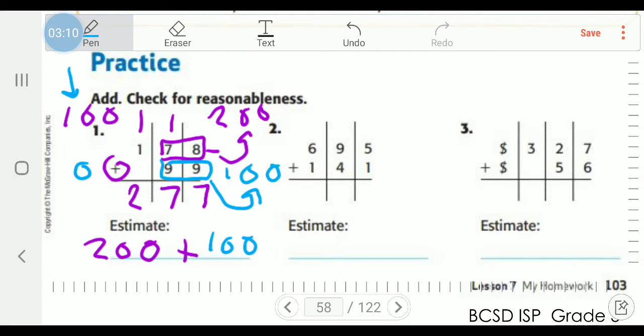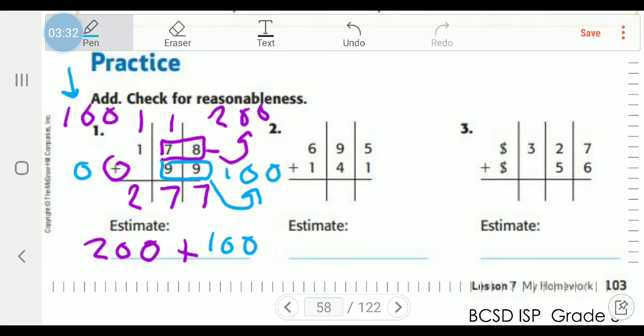Now, if I add those two together, 200 plus 100, I get 300. 300 is not my answer. 300 is my estimate. What I'm trying to do is make sure that my real answer is reasonable or close to what my estimate said it should be.